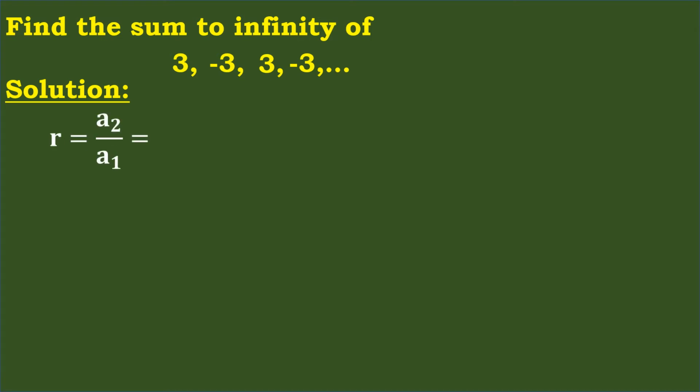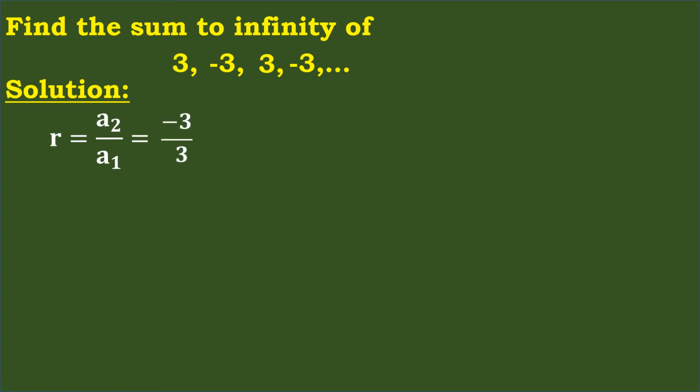Another example. Find the sum to infinity of 3, negative 3, 3, negative 3, and so on. So, ang unang step ay get the common ratio. Divide the second term by the first term.